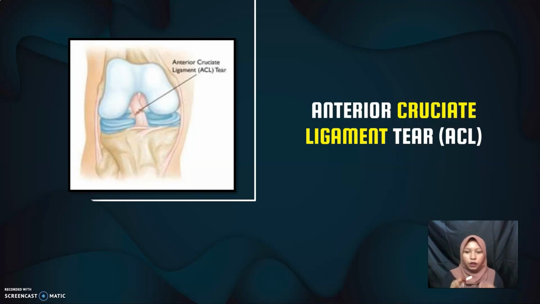So, what does the ACL do? The ACL prevents the tibia from sliding out in front of the femur, as well as providing rotational stability to the knee. It helps to stabilize the joint and can be damaged by sudden violent twisting motions or a blow.